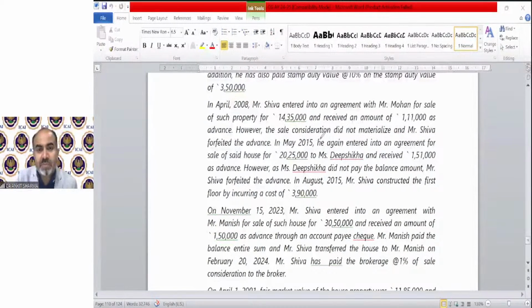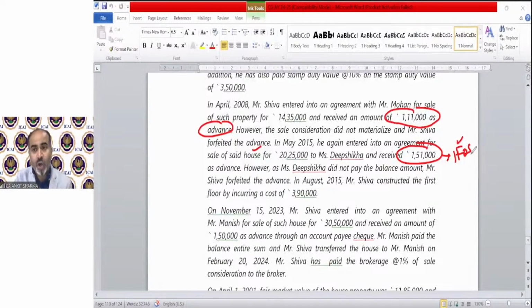One is 1,11,000 in advance, which has been forfeited. And again, one advance money forfeited after 2014, 1,51,000. So this is going to be your income from other source in the year advance money is forfeited, the normal provision. This is as per the old provision. You can also refer to section 51, advance money forfeited. Both provisions are there.